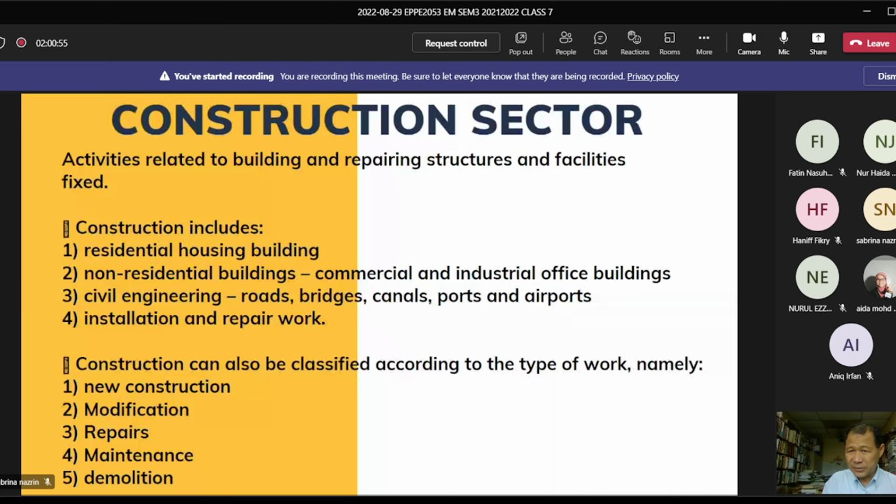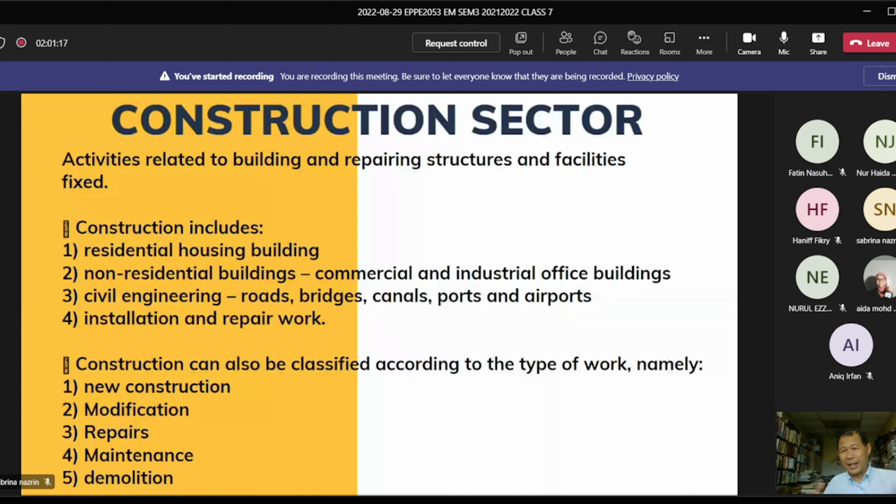We're not interested in a particular sector itself per se. For example, if someone is discussing the service sector, we're not interested in knowing only about the service sector.